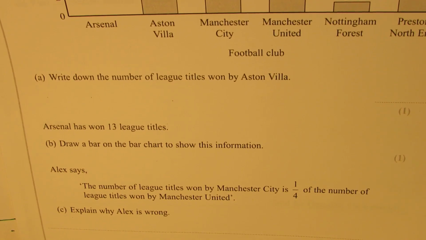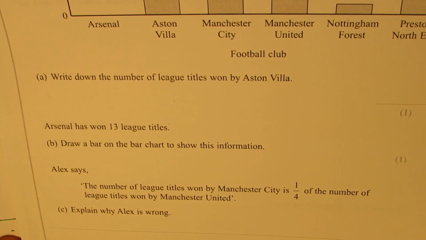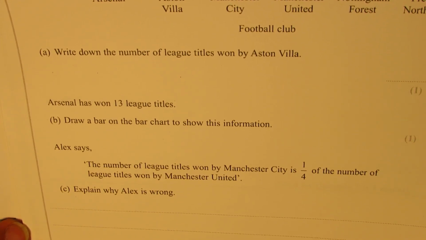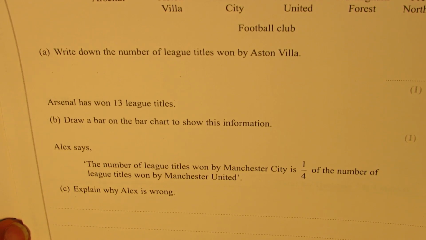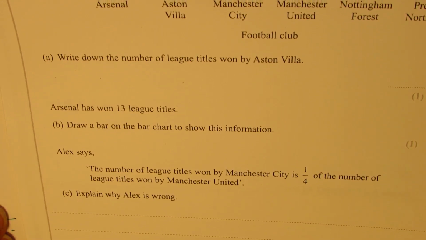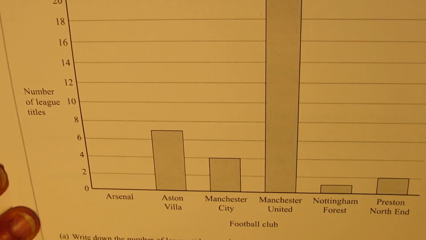A: Write down the number of league titles won by Aston Villa. B: Arsenal has won 13 league titles. Draw a bar on the bar chart to show this information. C: Alex says the number of league titles won by Manchester City is 1/4 of the number of league titles won by Manchester United. Explain why Alex is wrong. Let's look into these solutions one by one. You can always answer them.